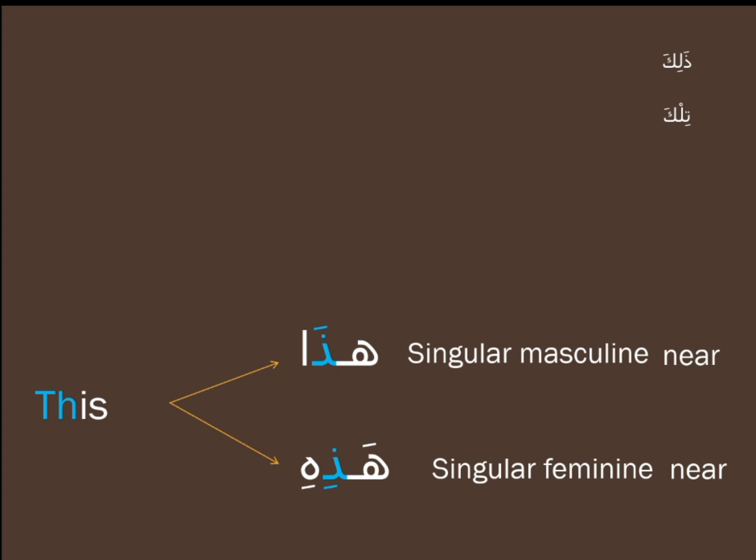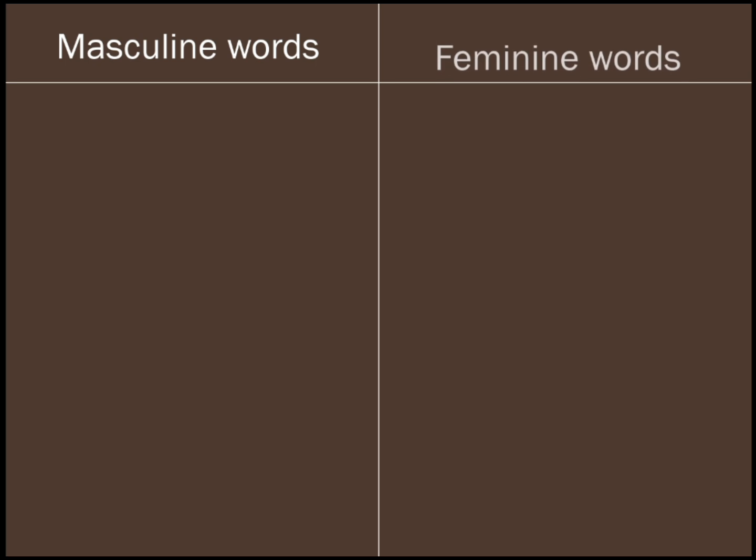We will take another lesson for them. But today, we will focus on هذا and هذه. In this table, we will mention feminine words and masculine words from the words we learned in the previous lessons. We will start by masculine words.